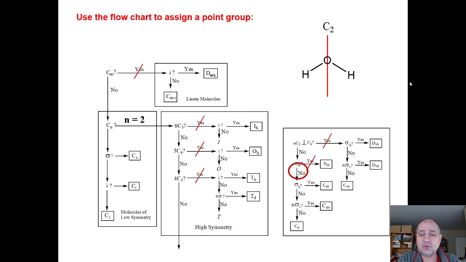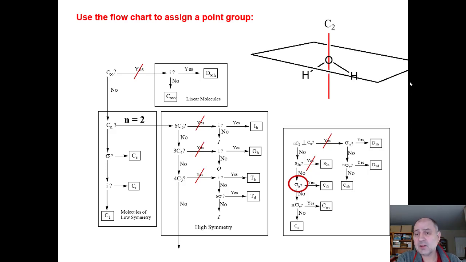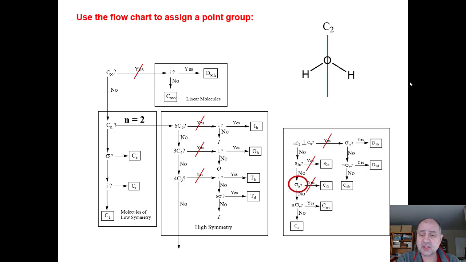We come down to, do we have a sigma h? Now that would have to be with respect to the principal axis. So somewhere here, dissecting again that C2, and that would bring those hydrogens up. So that doesn't work. And so we go down and ask ourselves the next question. Do we have n sigma v's?